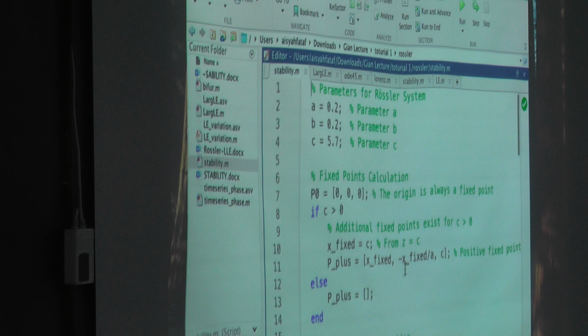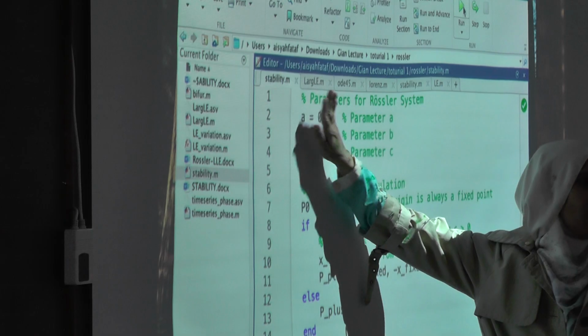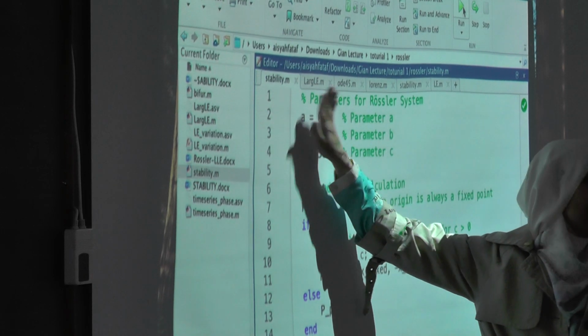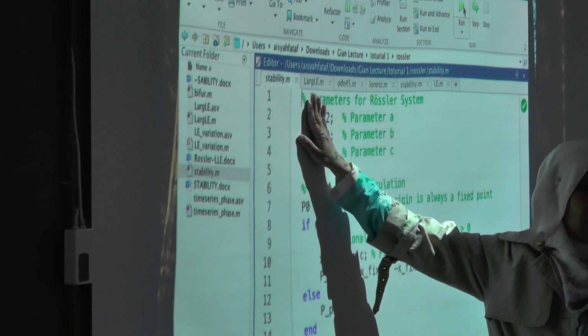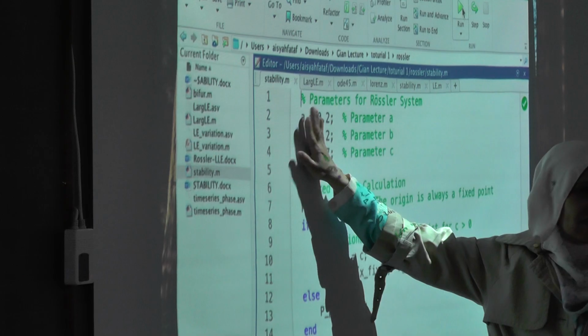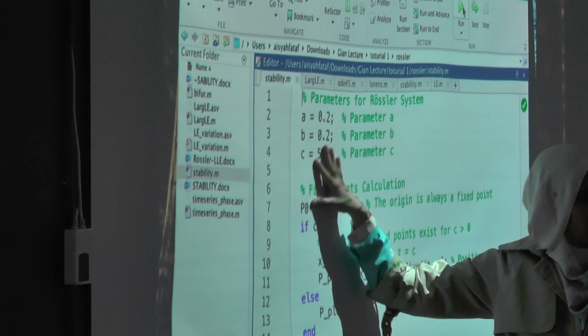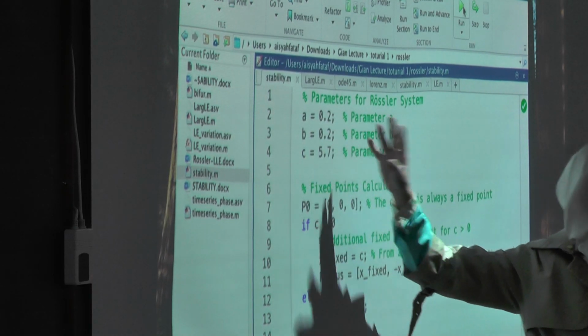I'm using A 0.2, B 0.2, C 5.7. My first purpose is actually I want you to get this one. That's why I didn't mention any of these parameters. This is the parameter whereby the system has big chaos. In my thought, you will run the 3D and the time series, so you can see what value the Rossler will encounter.